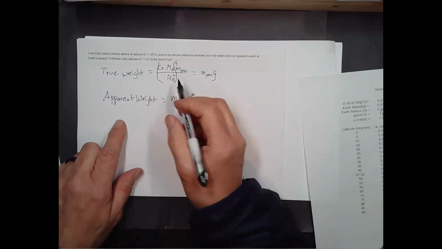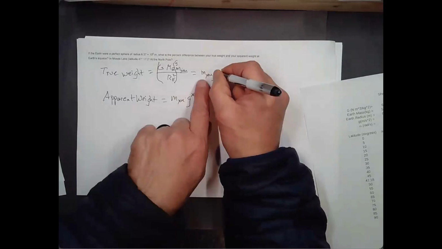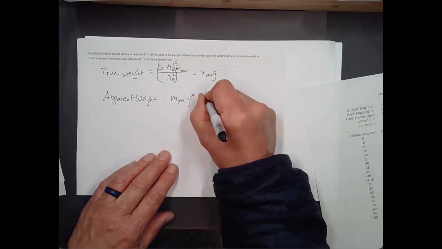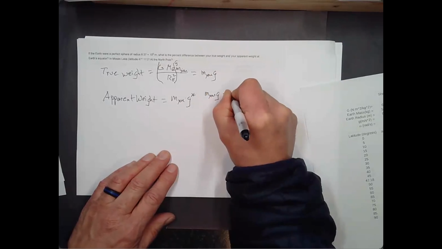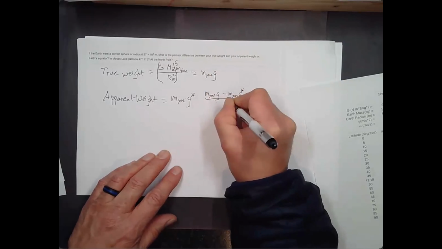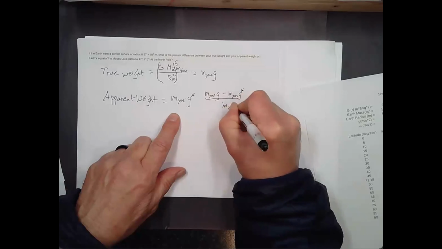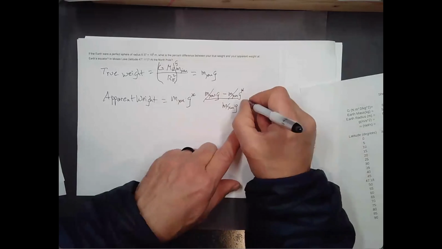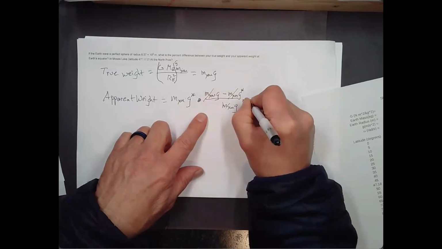And it's asking for the percent difference between these two. Well, the way you would do it, this ends up being the bigger of the two. I'd take absolute values otherwise, but it's the mass of you times G minus the mass of you times G star divided by the mass of you times G, but the mass of you divides out, so we don't care about that. And we have to multiply by 100 to get a percent.